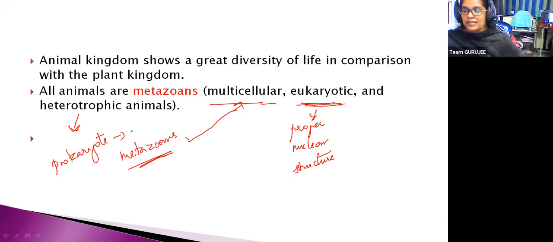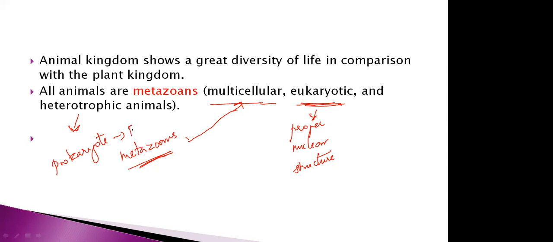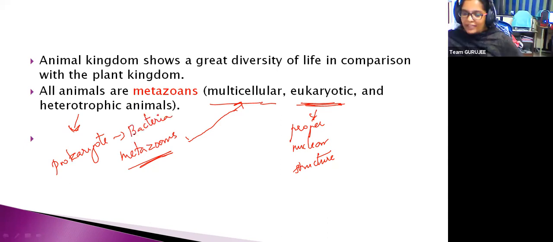Which living organism is a prokaryote? Only bacteria belong to prokaryotes. The rest, all fungi, algae, virus, plants, animals, humans, are eukaryotes.